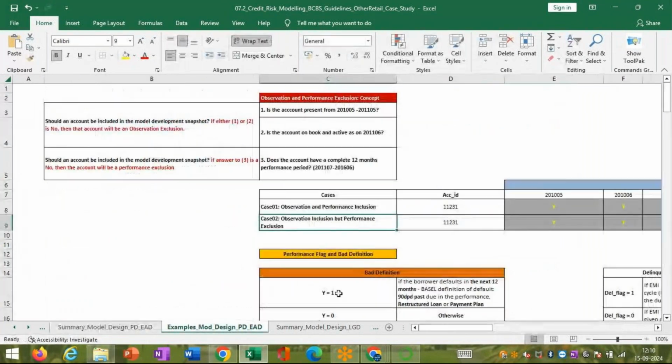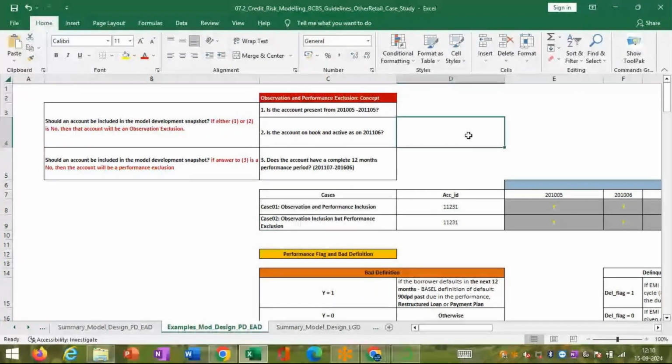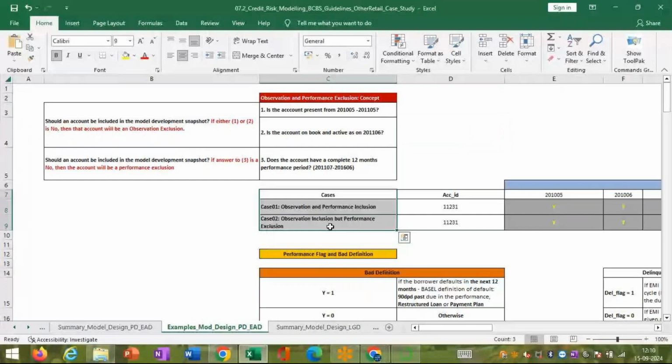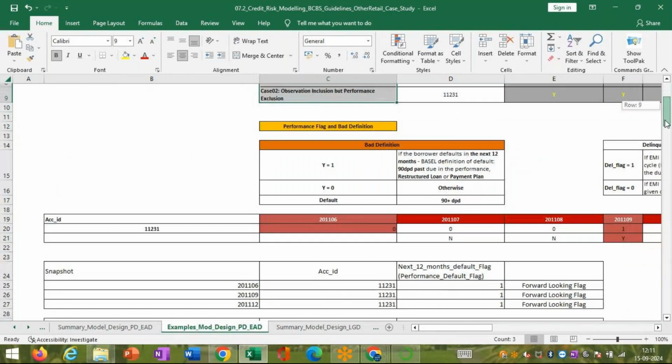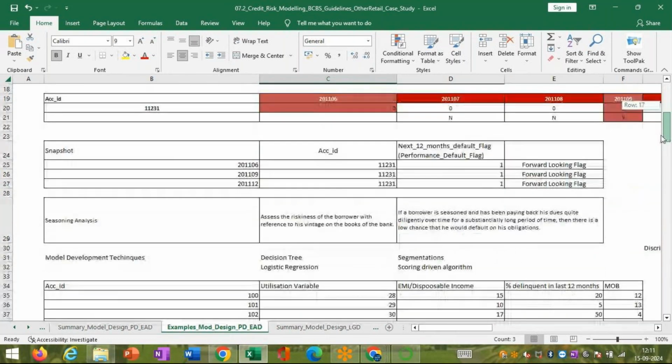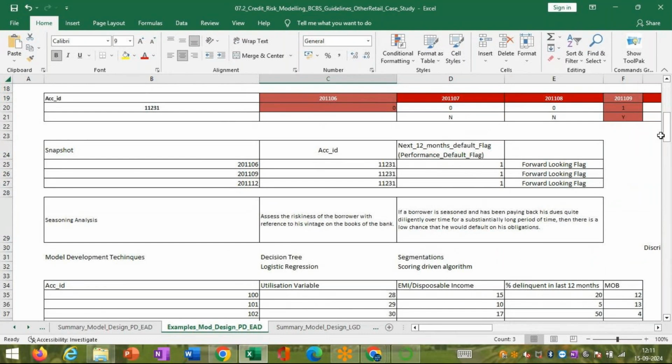Along with that, we also discussed in detail questions like what observation and performance exclusions are and how they are done, and we have spoken about cases where you have observation and performance inclusion, and where you have observation inclusion but performance exclusions, and how the next 12 months default flag would be identified, and so on, right? So we spoke about all these methods in detail, and we had identified these measures.